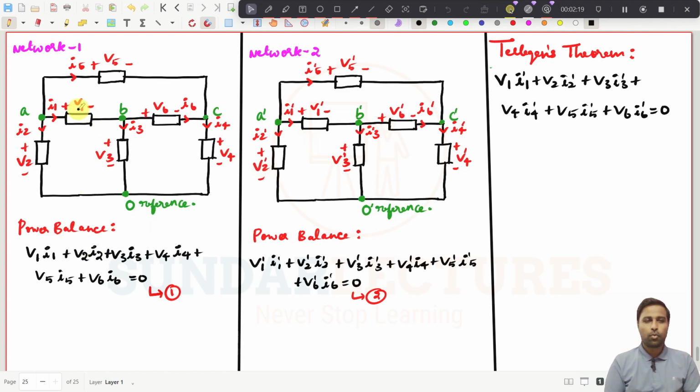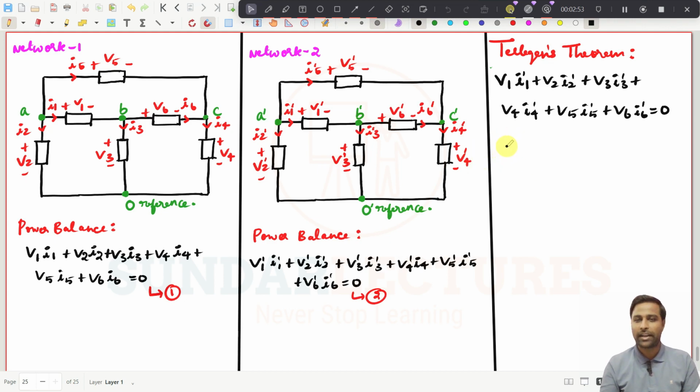But the voltage in network 1 into the current in network 2, then the voltage of the second element in network 1 and the current of the second element in network 2, and if you add up everything, it should be 0. See, there is no physical connection. You cannot say that these two circuits are connected anywhere. But how is this possible?